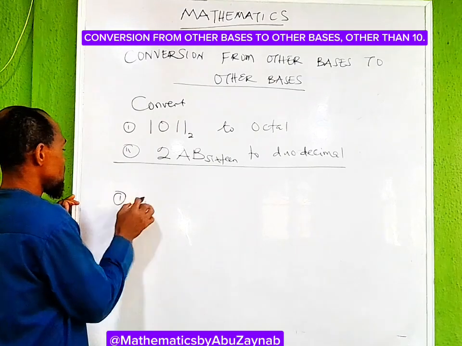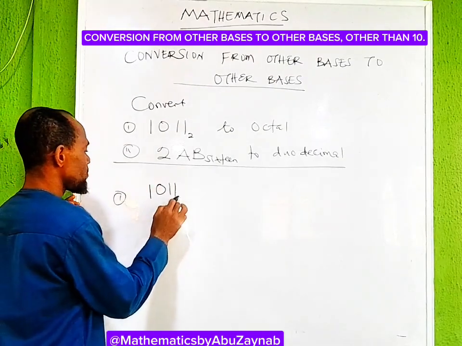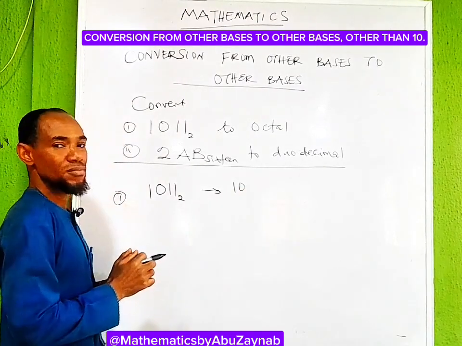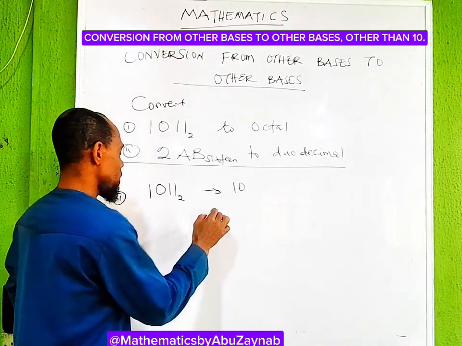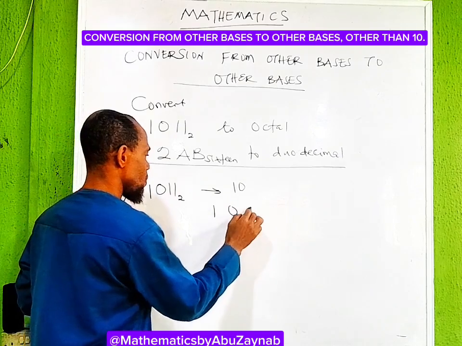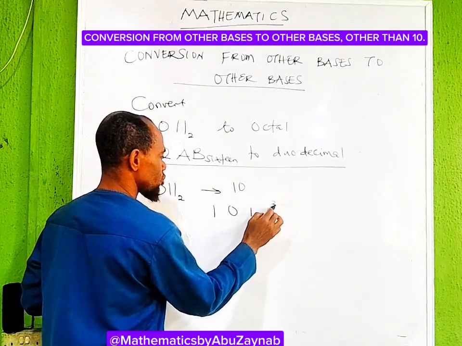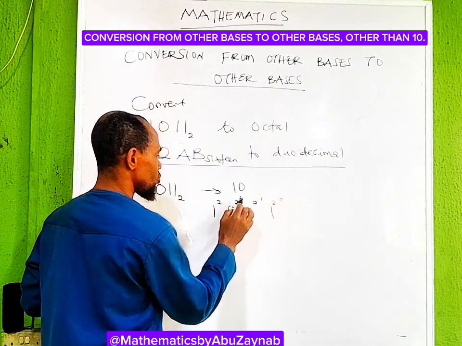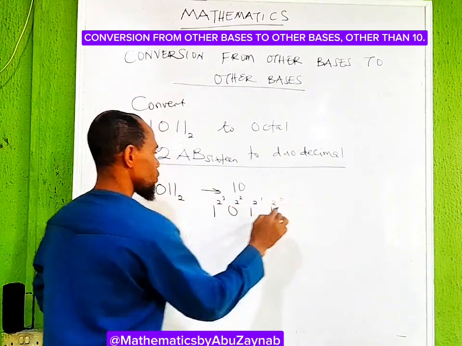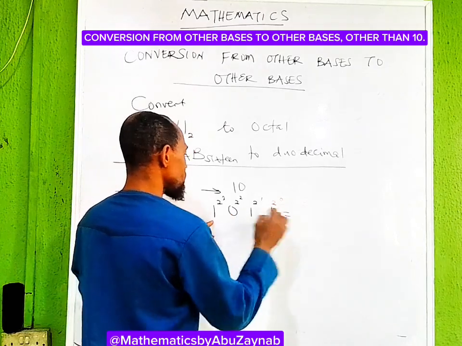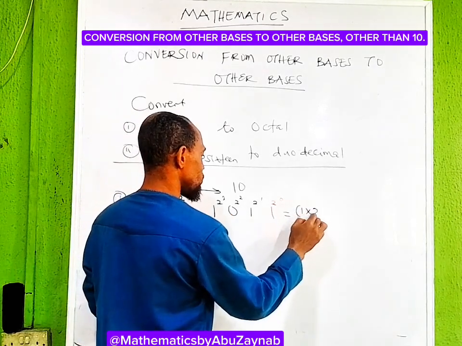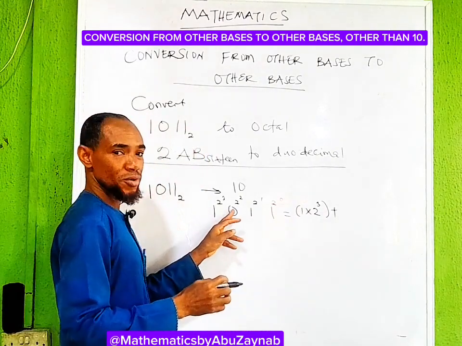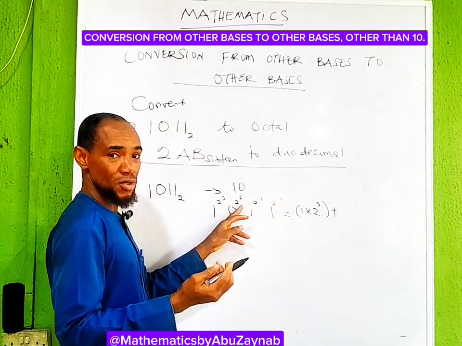So number 1, we have 1011 base 2 first to base 10. So that's going to go this way, 1011. We have 2, 2, 2, 2, with powers 0, 1, 2, 3. So that's going to become 1 times 2 to the power of 3 plus, we need not write 0 because 0 times anything we are going to have 0 still.